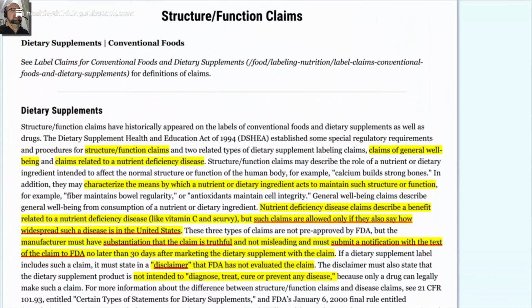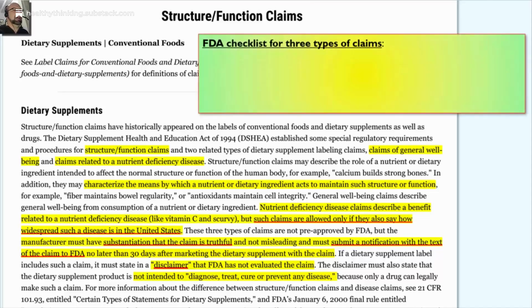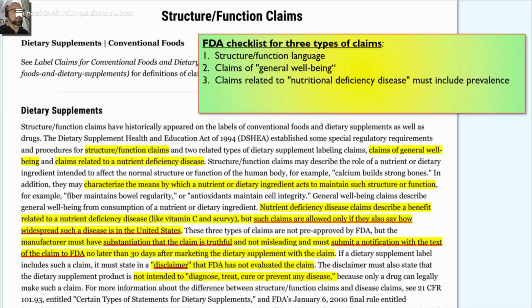As I discuss vitamin D deficiency today, I want to stay within certain parameters that are established by the U.S. Food and Drug Administration, and these particularly apply if we're going to make what they consider to be any type of claim. This would be structure and function language, claims of general well-being, or claims related to nutritional deficiency disease, and any conversation around that must include prevalence.